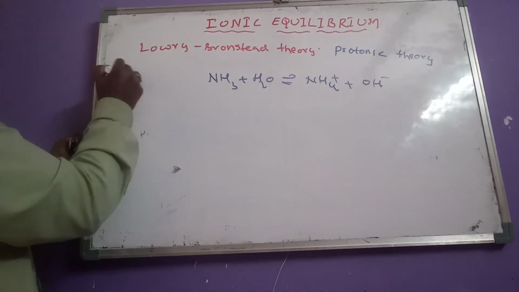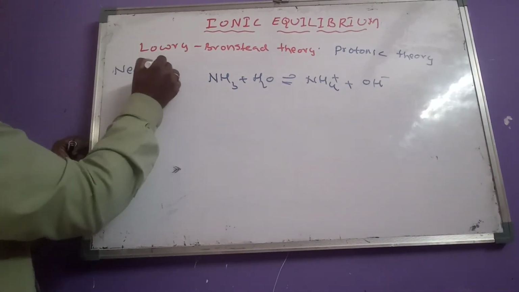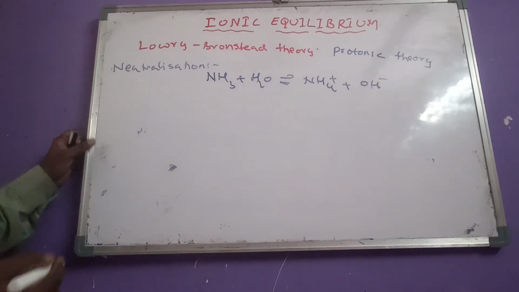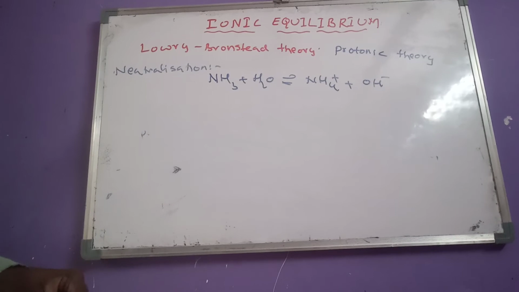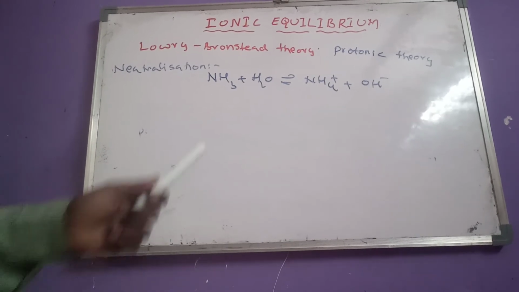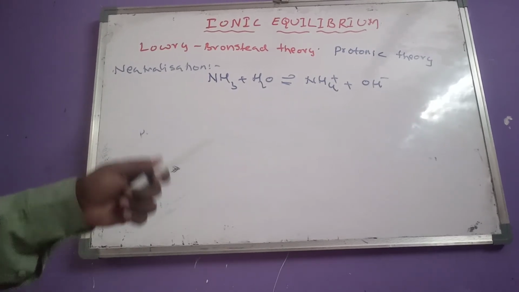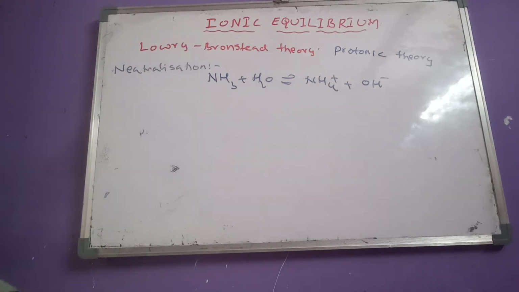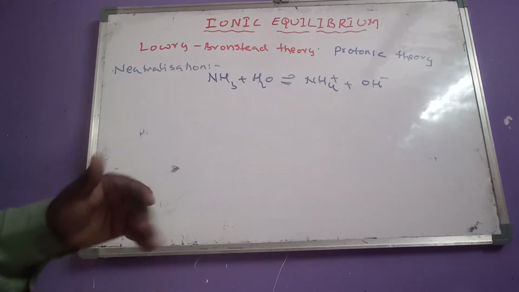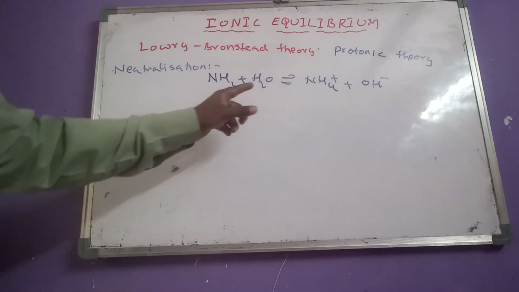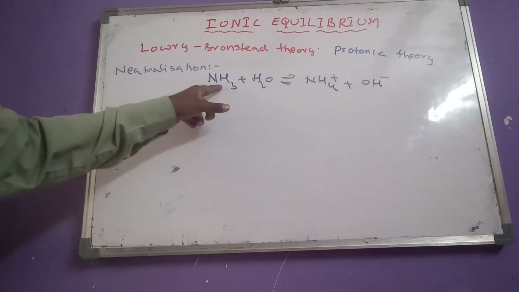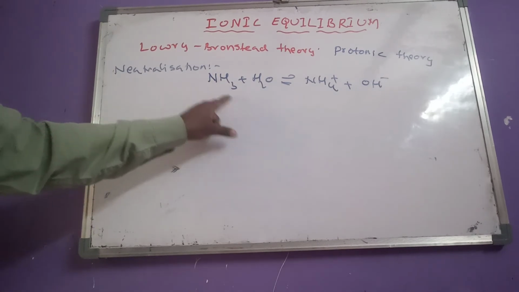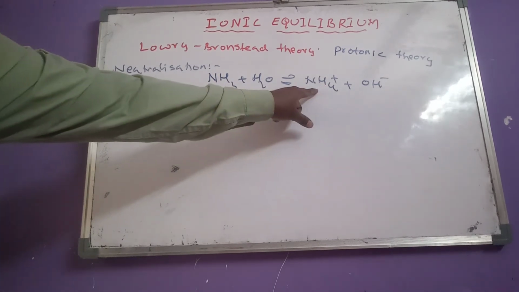So this process is called neutralization. What is the definition of neutralization? Transfer of a proton from an acid to a base is known as neutralization according to Bronsted theory. Now in this equation, NH3 converted into NH4 plus.